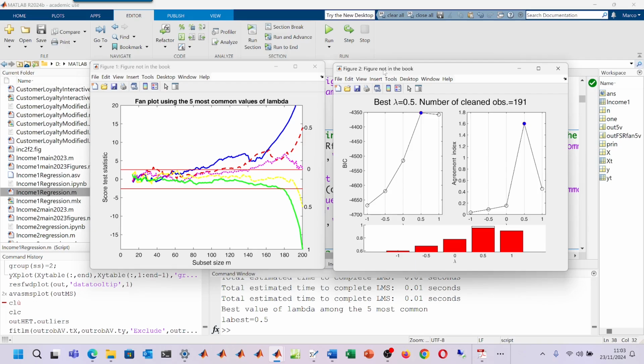When we use the 3 explanatory variables, this is the fan plot that comes out, and this is the associated procedure for finding the best value of the transformation parameter in a fully automatic way. As you can see from this plot, the best trajectory is associated with 0.5, the square root transformation, and this is also signaled by the plot on the right.